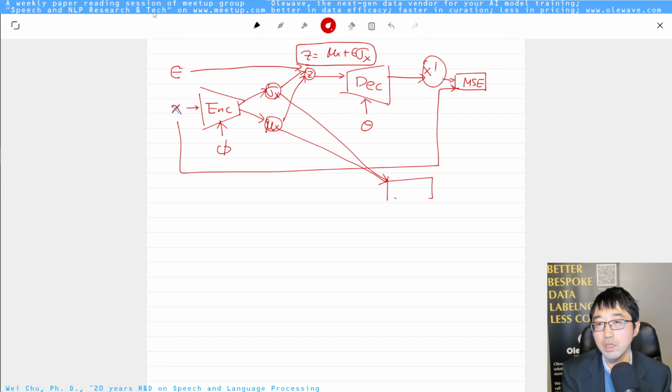So you put this into a KL divergence computational stage. So you have two losses. The first is MSE loss, or cross entropy based loss. And the second, you have a KL divergence loss.